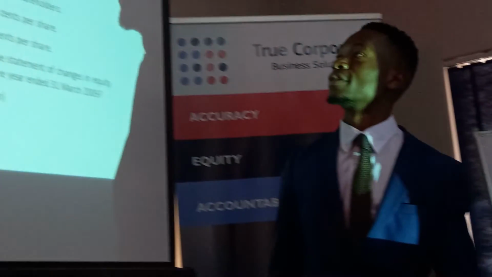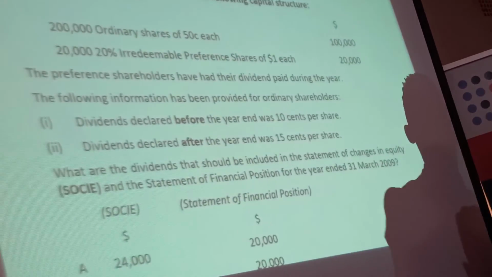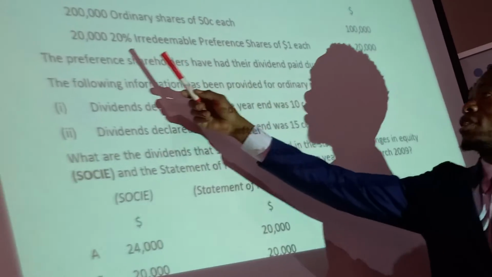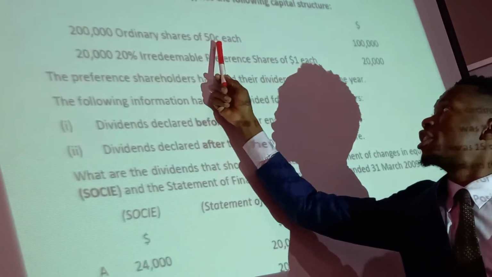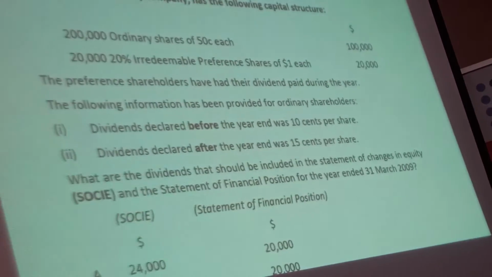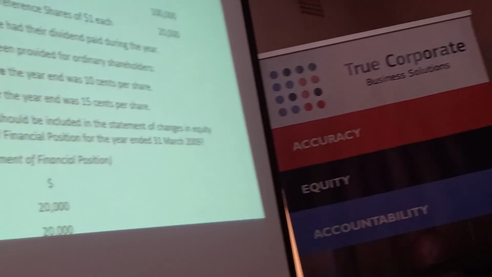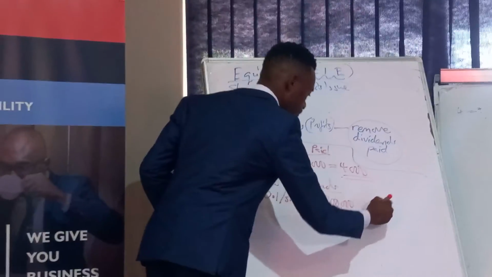How many shares are given there? 200,000 shares. This one is not a dollar sign. Each share is worth 50 cents. These are the number of shares. So you multiply with 200,000 shares. You get 20,000.